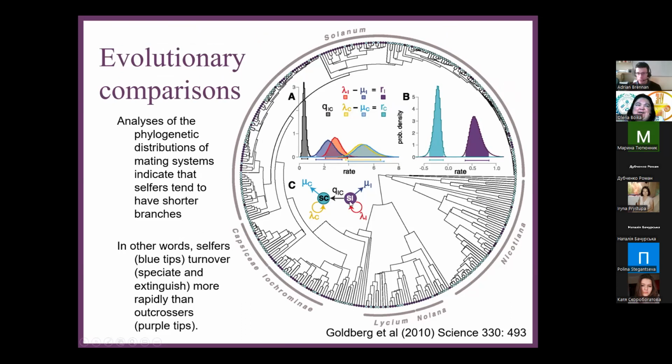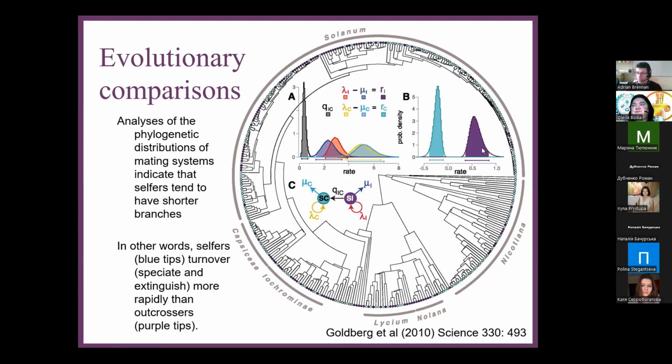And so then you can model self-incompatible to self-compatible, the rates of mating system shifts, and the rates of speciation and the rates of extinction. And you can run models with different parameters and ask, do they produce a tree like the one that we actually observe? And on balance, what you find are these rates that selfers might evolve more quickly, but they also go extinct more quickly.